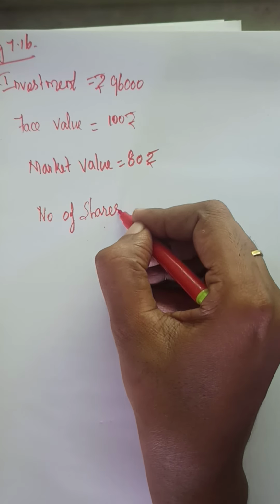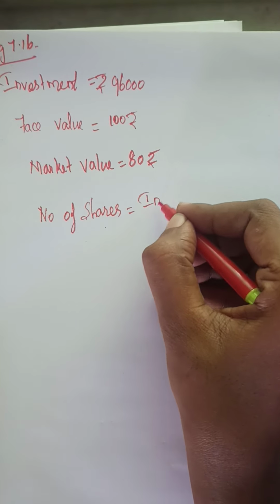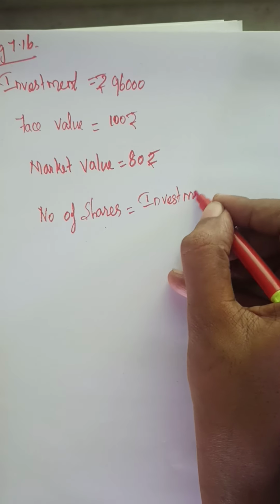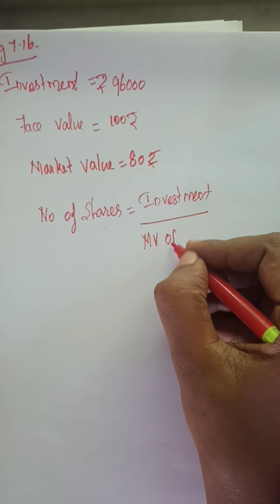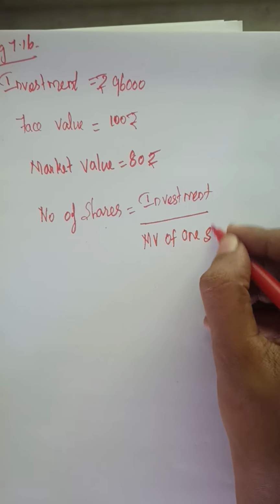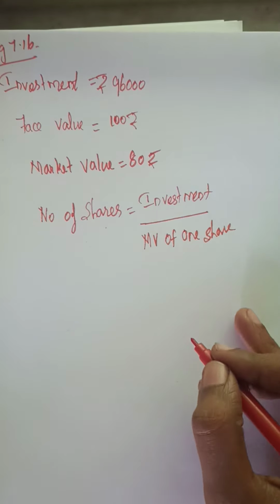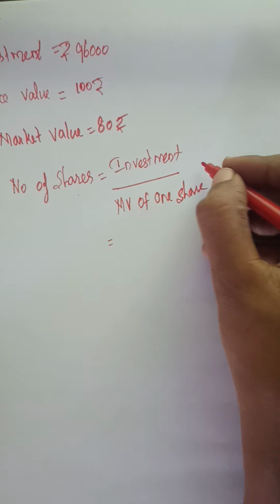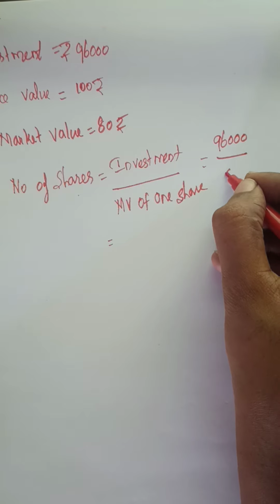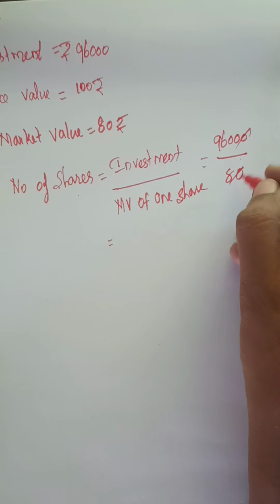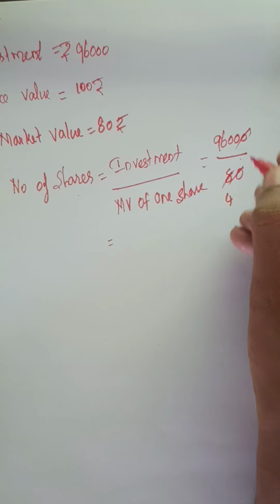Number of shares is equal to investment divided by market value of one share. Okay. So just to substitute here, that's equal to 96,000 divided by 80.